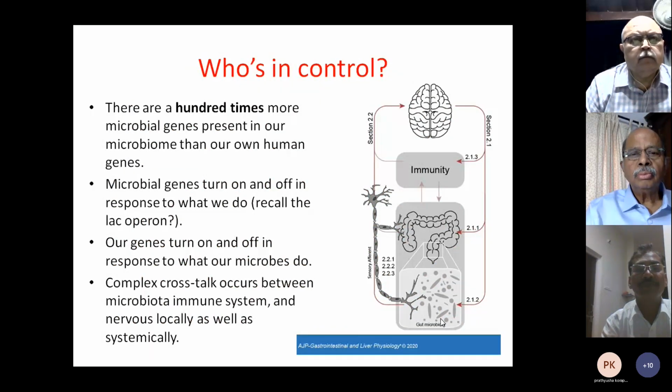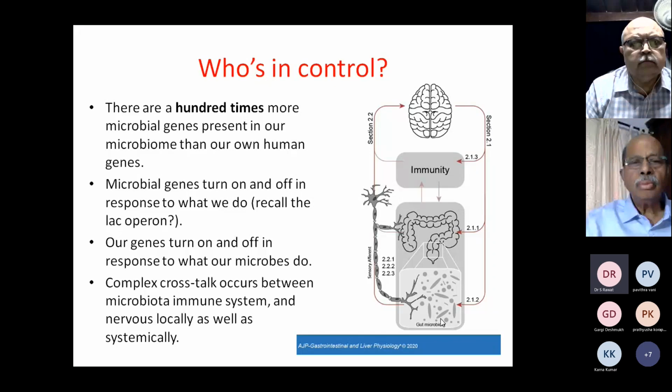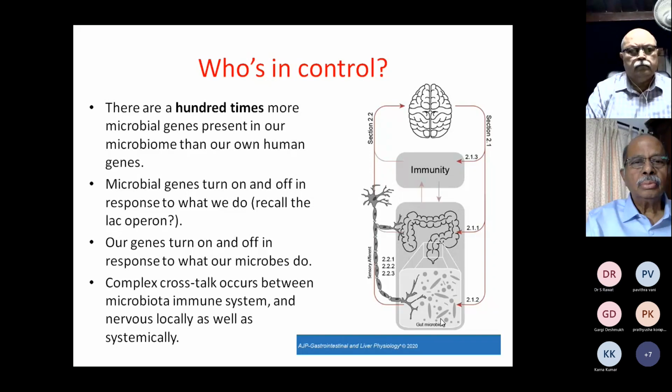So we have to see who is in control. I just said that their genes are quite a lot more than our genes, and these microbial genes turn on and off in response to various things. They also turn our genes on and off, in response to the various microbes which we have in our body.